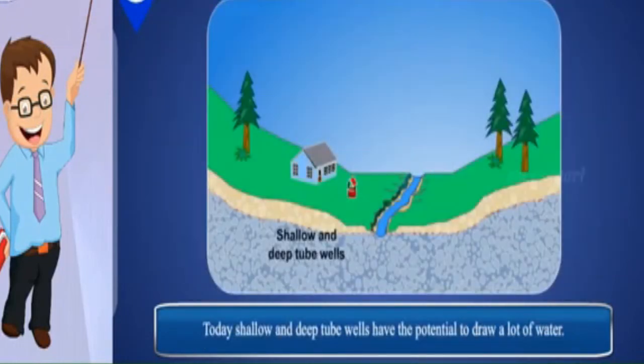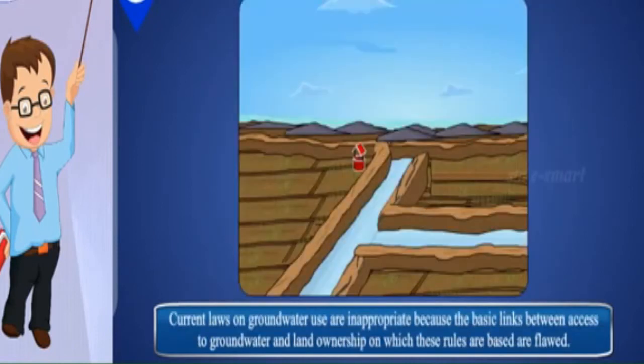Today, shallow and deep tube wells have the potential to draw a lot of water. Current laws on groundwater use are inappropriate because the basic link between access to groundwater and land ownership, on which these rules are based, is flawed.